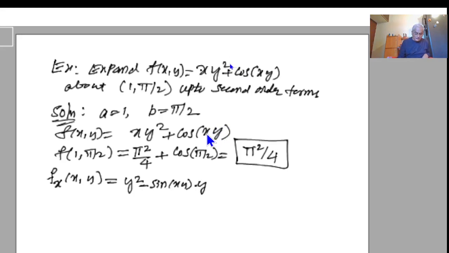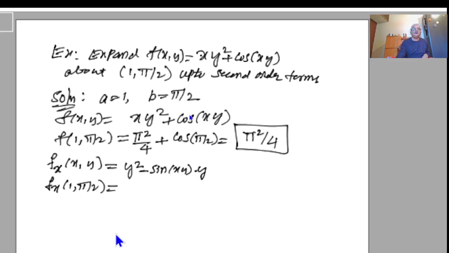So therefore fx at 1 comma pi by 2, fx at a comma b, put x equal to 1, y equal to pi by 2. So here y square becomes pi square by 4 minus sin of pi by 2, and sin pi by 2 is equal to 1 into y, which is pi by 2. So this is equal to pi square by 4 minus pi by 2.